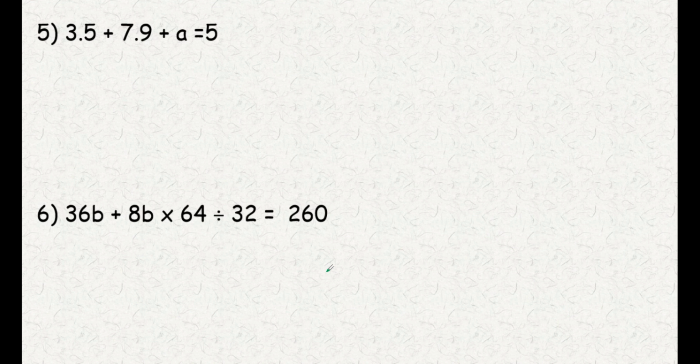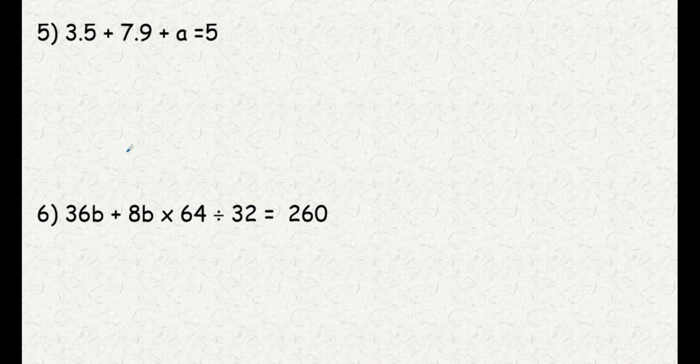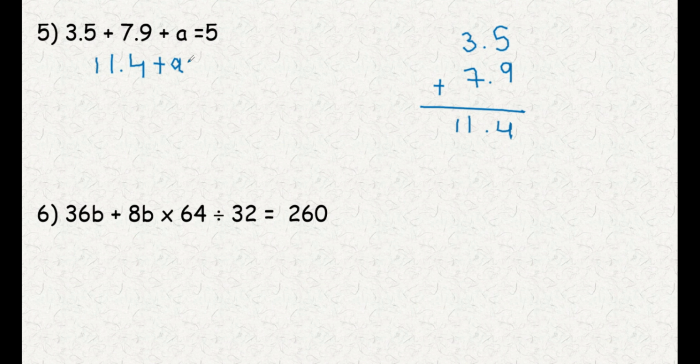And this question is also quite different from the last question. This question has decimal points. Now first let's add these numbers. 3.5 plus 7.9 is 11.4. Here 11.4 plus a is equals to 5.